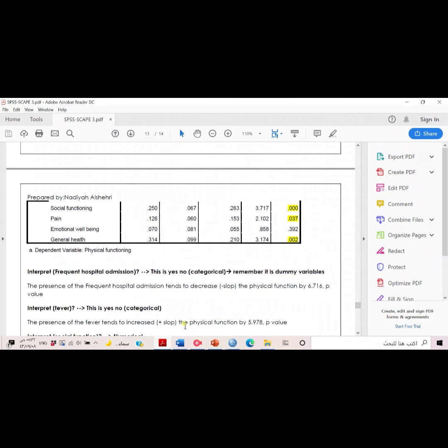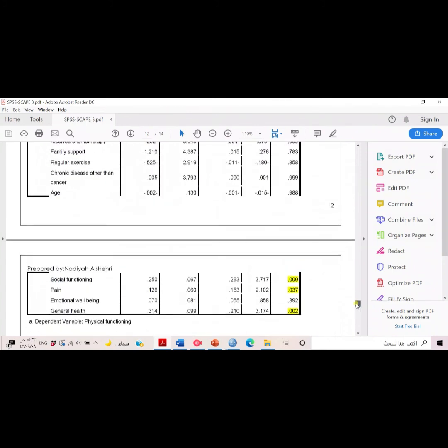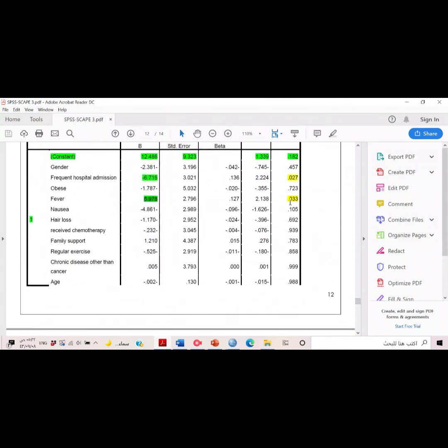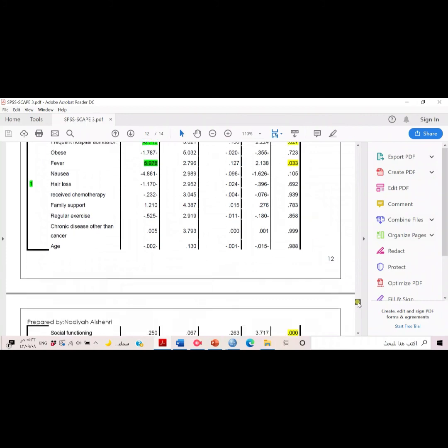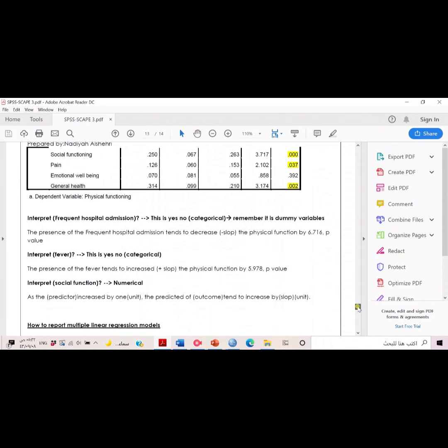Tends to increase the outcome, which is the physical function, by 5.978 and p-value equal 0.033.